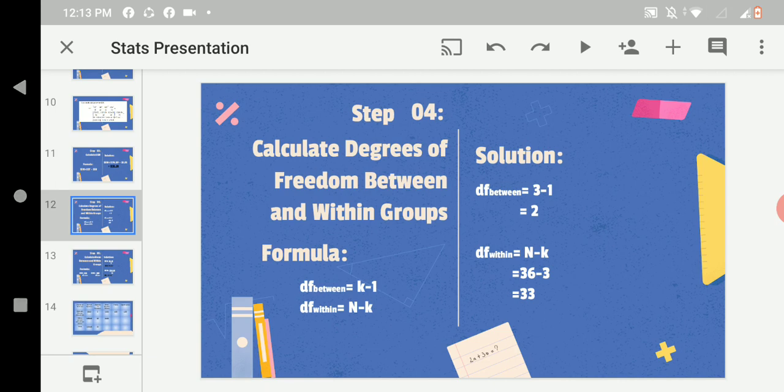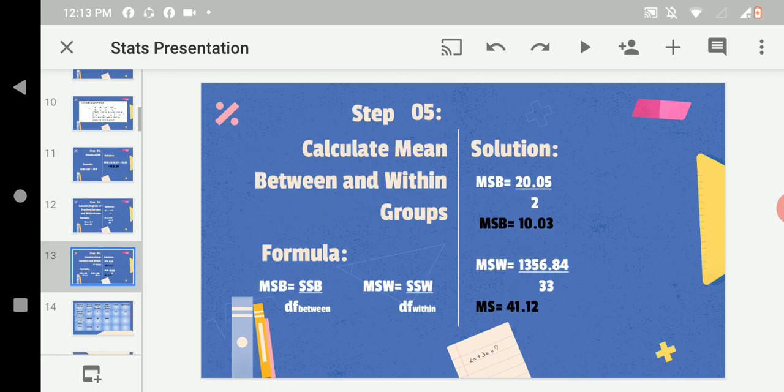Again, the formula is n minus k, where n is the total number of data and k is the number of groups. So we substitute 36 minus 3, which is equal to 33.